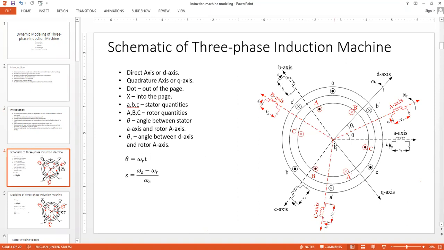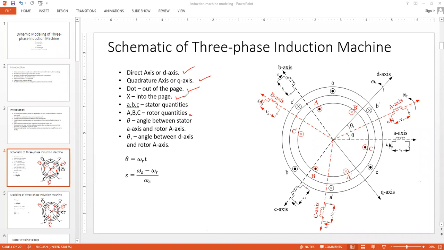Okay, so now let's start with the schematics of the three-phase induction machine. Like the synchronous machine, we have some similar notation. Again, the direct axis is the D axis, the quadrature axis is the Q axis, the dot means the current is coming out of the page, the cross means the current is going into the page. Now there are slight differences. The difference starts from here actually.